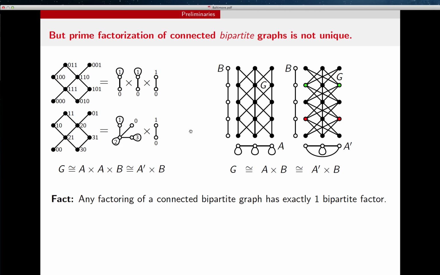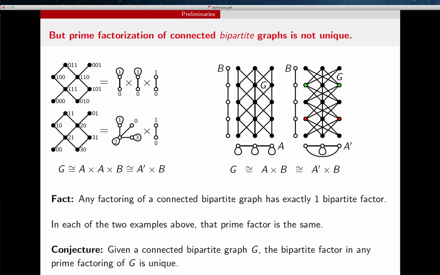It's interesting in these examples that the bipartite factor is the same, even though the factorizations are different. The same here. The bipartite factor is the path on 5 vertices here and here. In each of these two examples, the prime bipartite factor is the same.